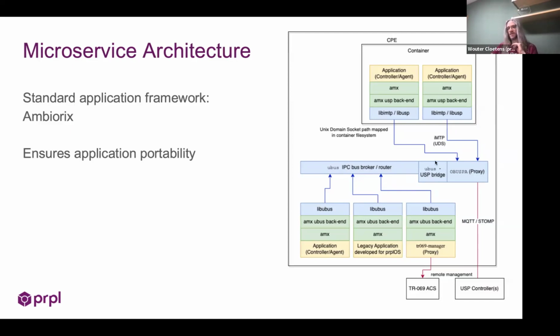There is then a sort of a bridge between the U-bus and the USB space that interfaces with OB-USB. We have a TR69 client that's still connected to U-bus at the moment, and the OB-USB-A allows internal communication between services that use USB locally and the remote USB controllers in the remote management space of the operators.